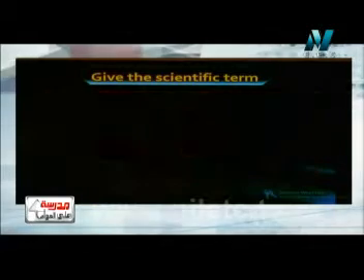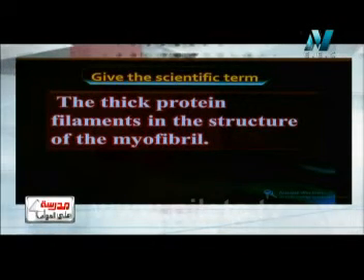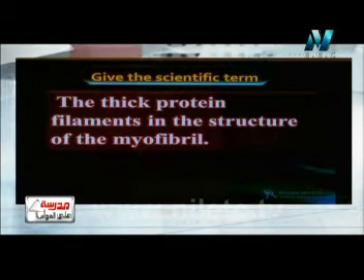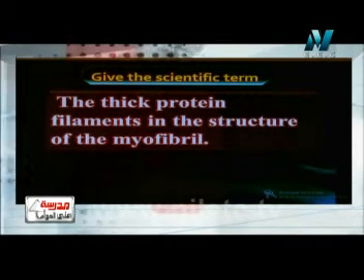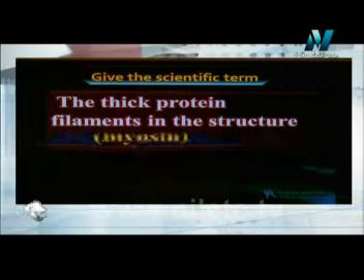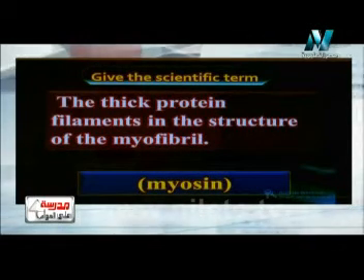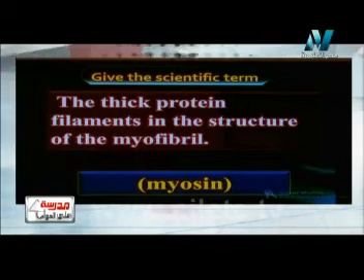The next: a thick protein filament in the structure of the myofibril. Of course, that is myosin, because we remember that the myofibril consists of an alternation of dark bands and light bands. The light band is made of thin filaments called actin, bisected by the Z line.